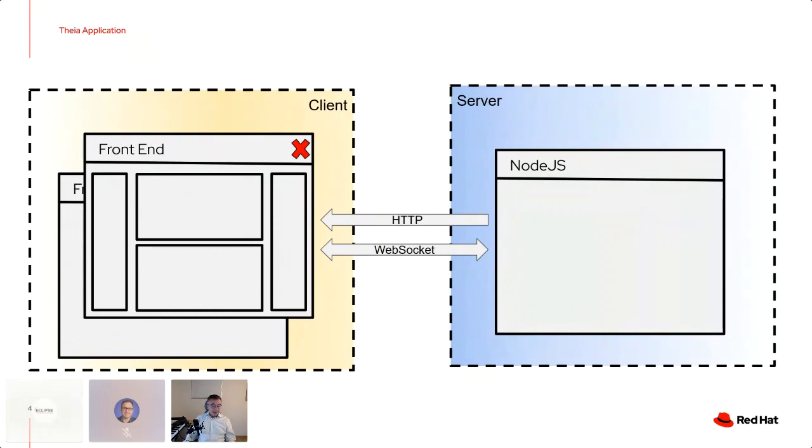The front and the back end use both HTTP and WebSockets to communicate with each other. And one thing to note is that you can have multiple browser tabs or browser windows that are served by the same backend. And as I said, typically the front end and the back end run on different machines.